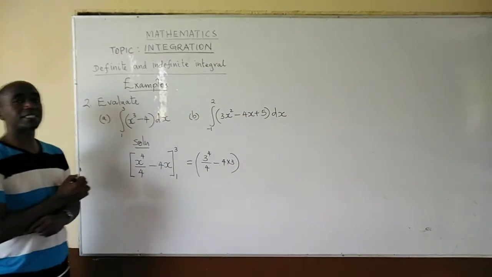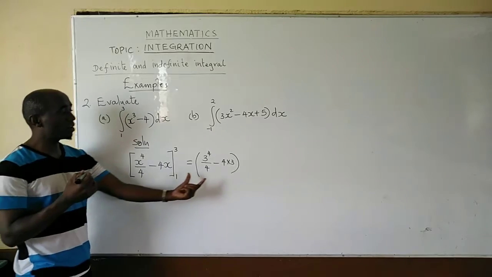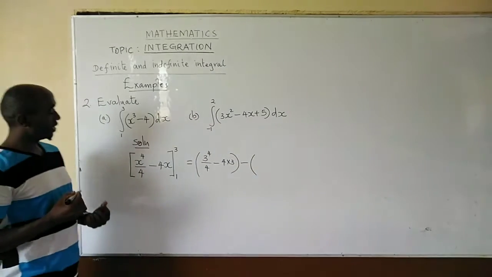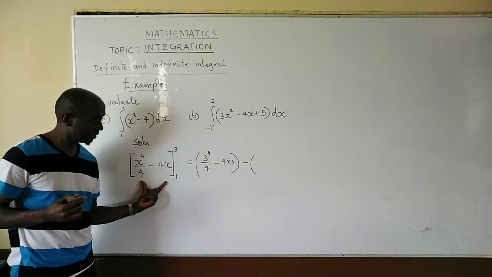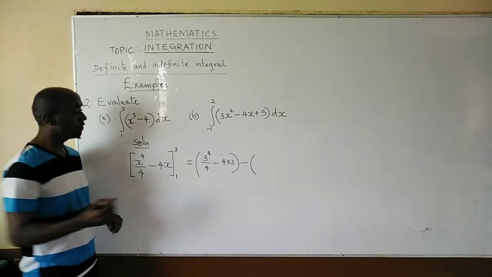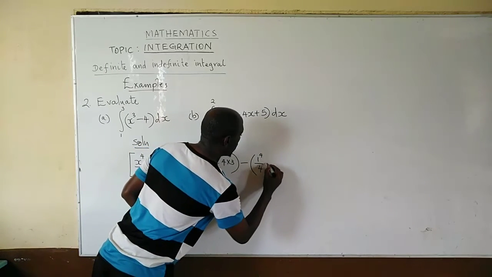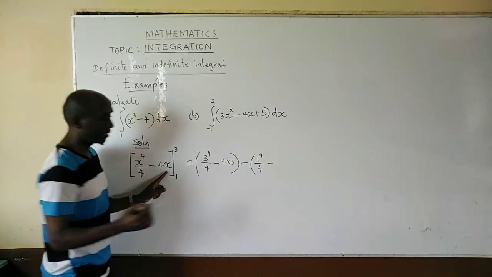We have substituted the upper limit. That answer you are going to get, minus, open another bracket, substitute the lower limit now. In the same expression again, substitute the lower limit. So we will have 1 power 4 over 4 minus 4 times 1.